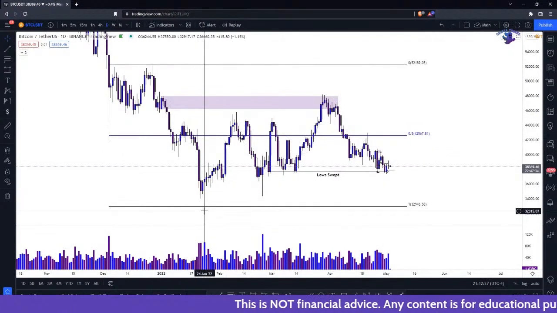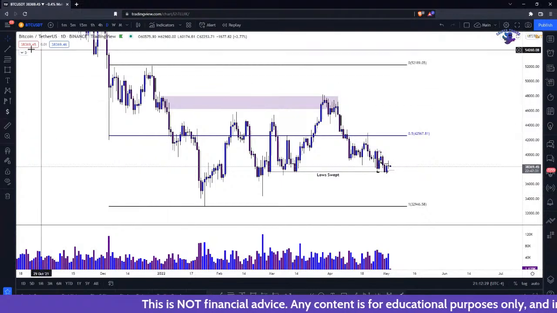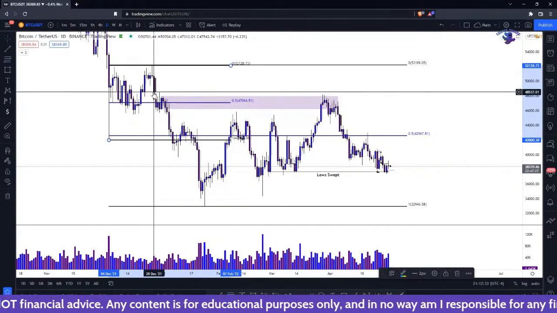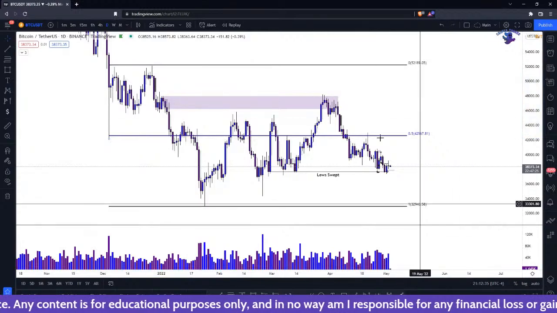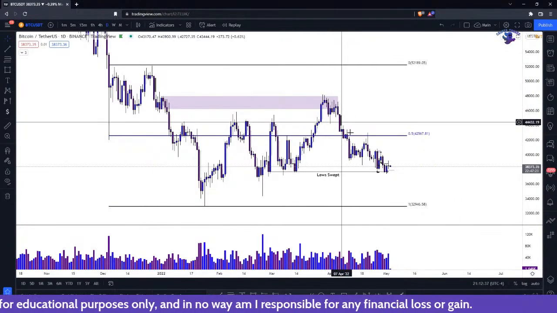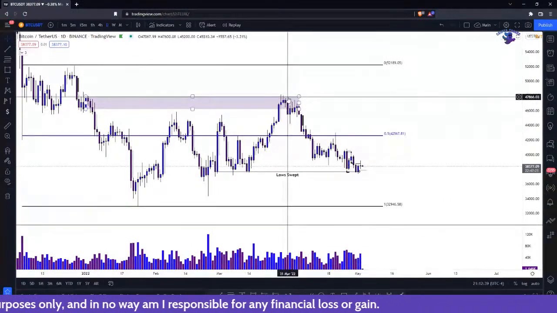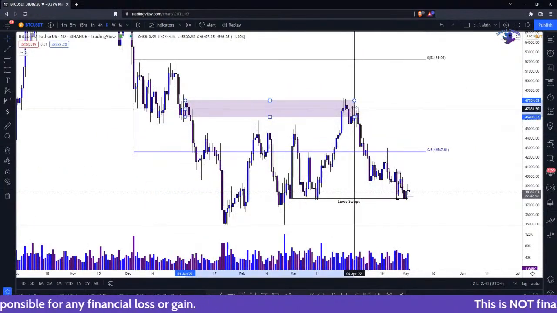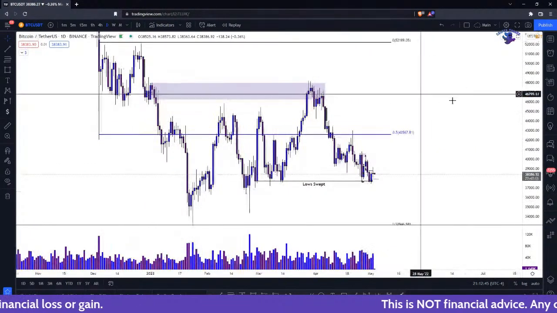Because we formed a low, came back up, we played the return to origin of the expansion of this move, which was also right at equilibrium, right at fair market value of the previous trading range, and reacted with heavy displacement in the market. It's obvious that smart money entered or exited positions in this area.